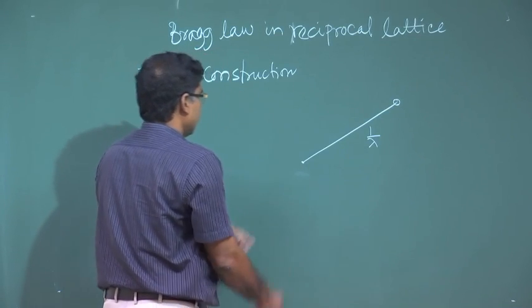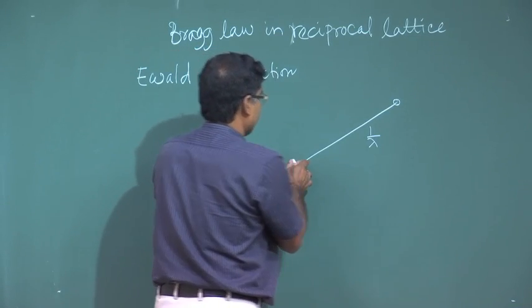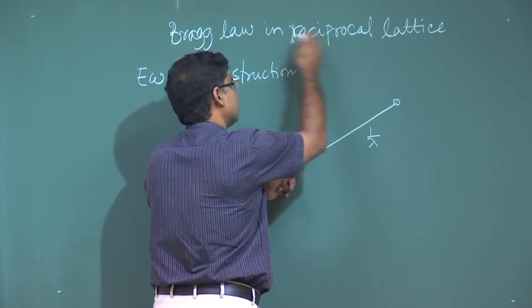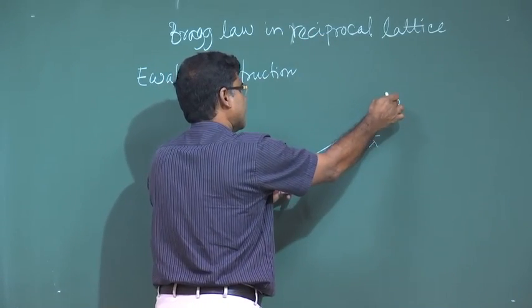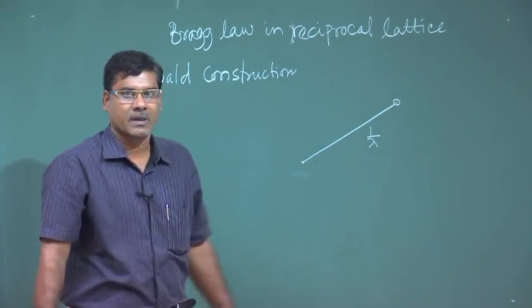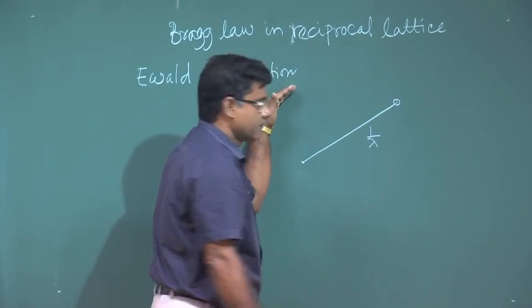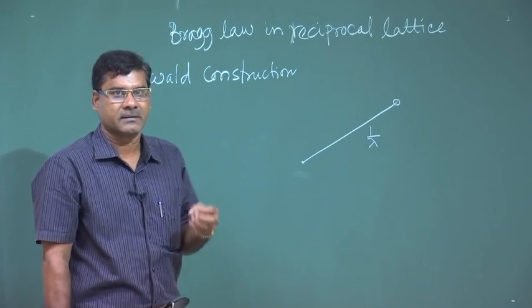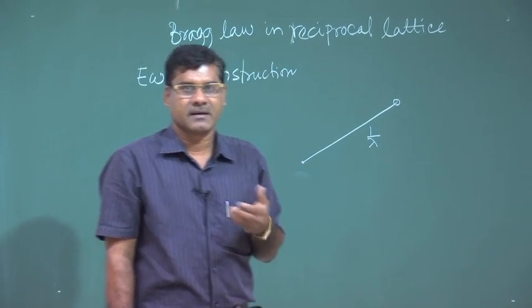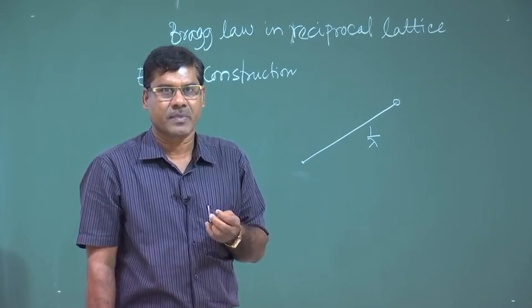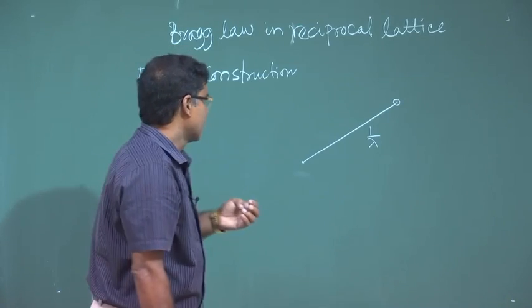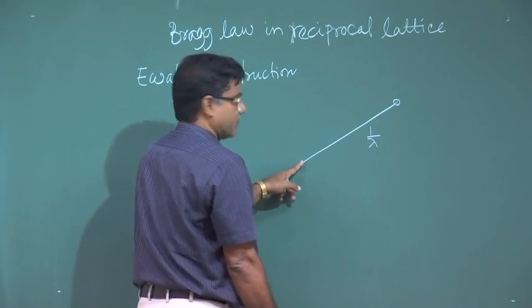Then if you construct a sphere with this radius, then that sphere will intersect the reciprocal lattice points.